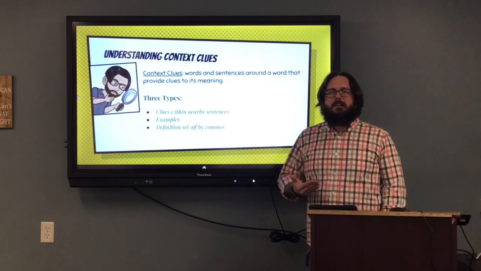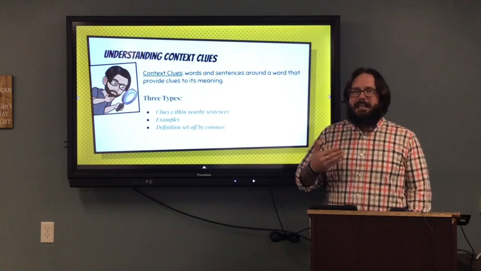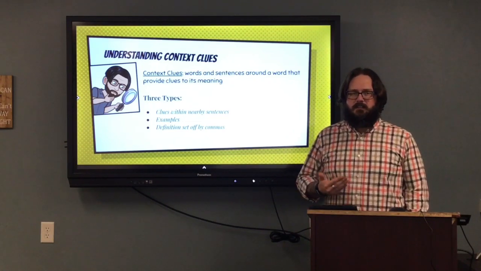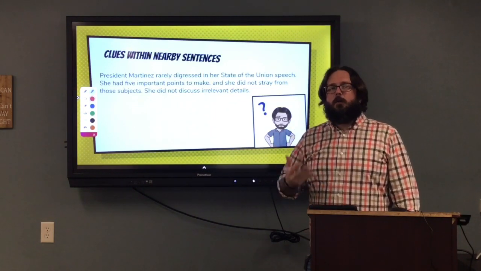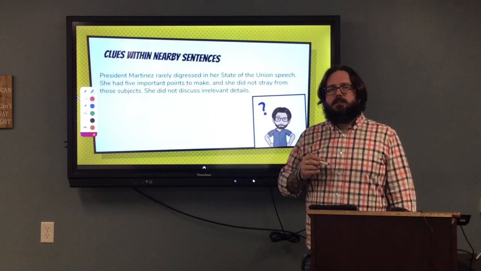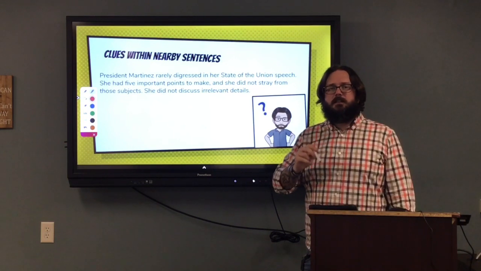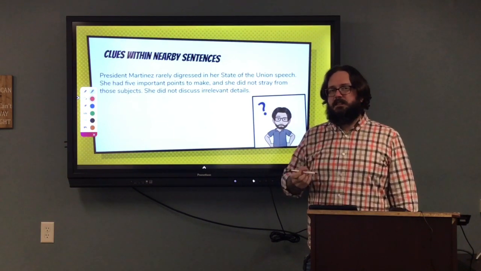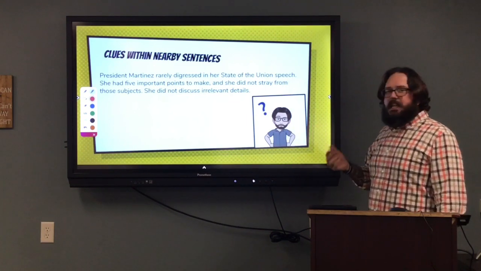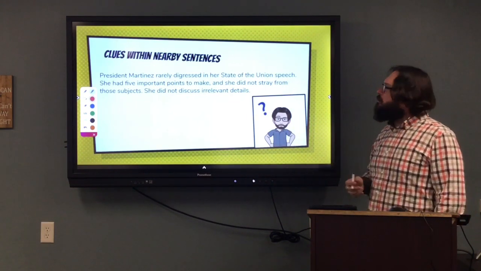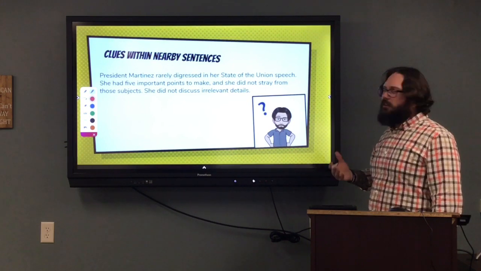We're going to take a look at an example of each of these types of context clues. First, we can identify the meaning of unknown words by looking for clues in the words and phrases of the surrounding sentences.